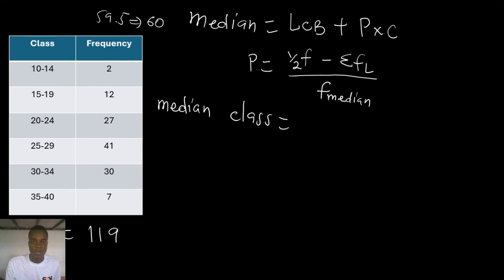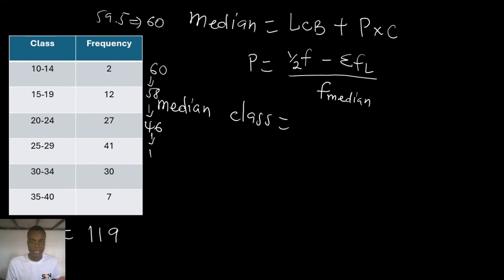So if I have 60, 60 minus 2, I'll get 58 before I move here. 58 minus 12, we have 46. Before you move to the next one, 46 minus 27, you have 19.